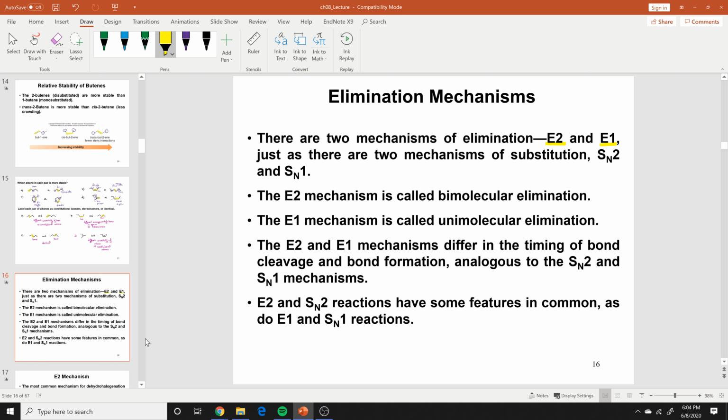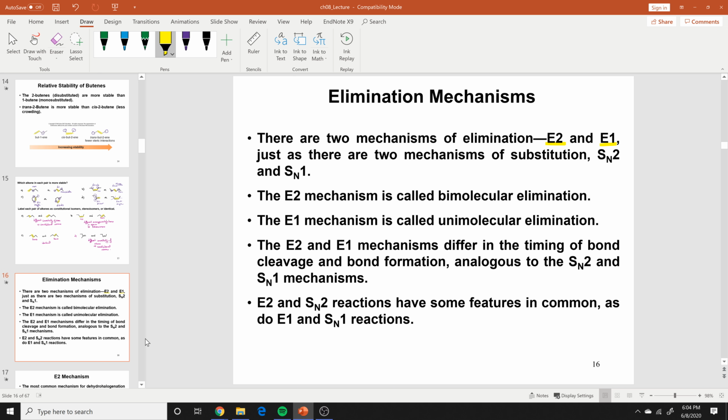With respect to the mechanism, E1 is basically a unimolecular elimination. It is a two-step elimination similar to SN1, but the mechanism is a little bit different because the product is an alkene in this case. It's not a substitution, it's an elimination.